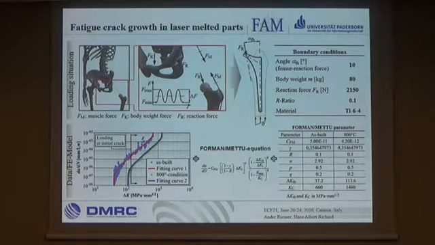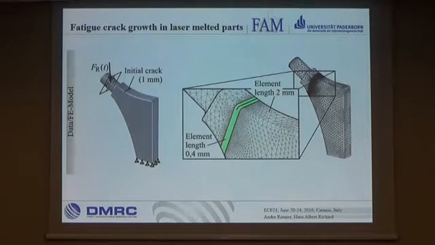The curves were fitted to the data I presented before with the Forman-Mettu equation, and here are the parameters that I used for the numerical simulation. The crack was assumed at the region of highest maximum principal stresses, and we have a fine mesh here in the region of the crack tip.